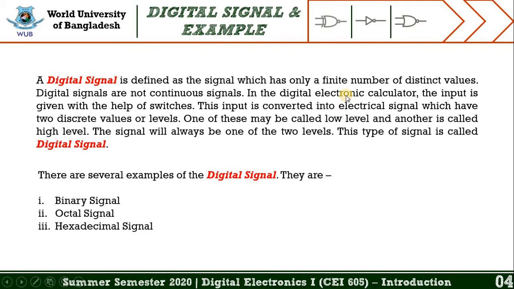In a digital electronic calculator, the input is given with the help of switches. This input is converted into an electrical signal, which has two discrete values or levels. One of these may be called low level and the other is called high level. The signal will always be one of the two levels. This type of signal is called a digital signal.